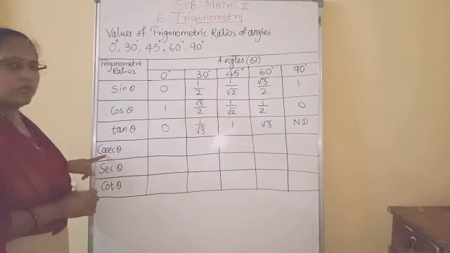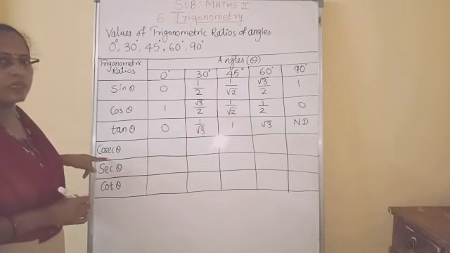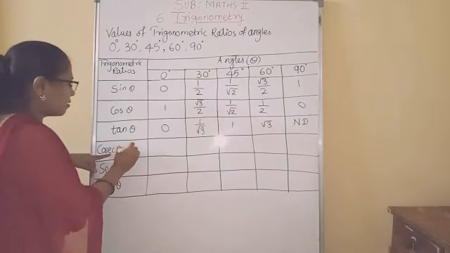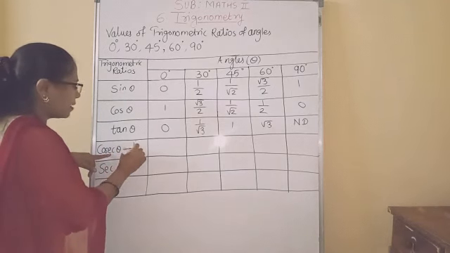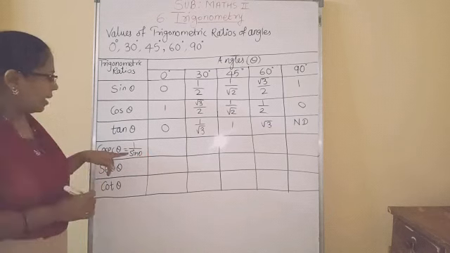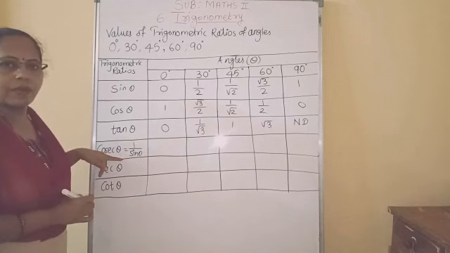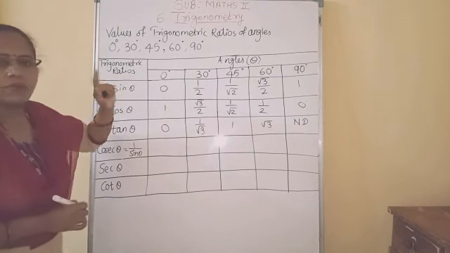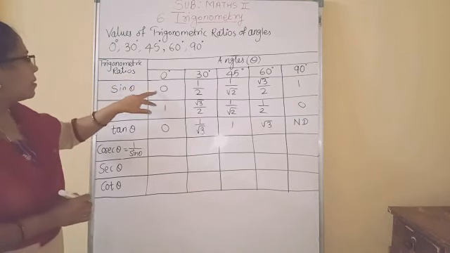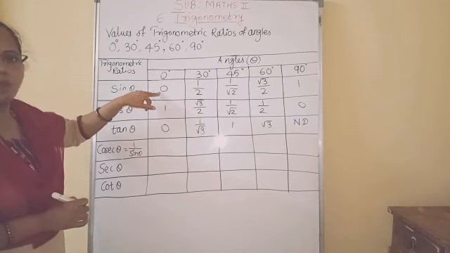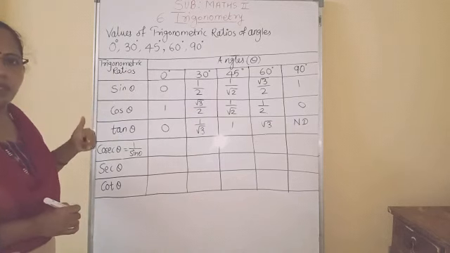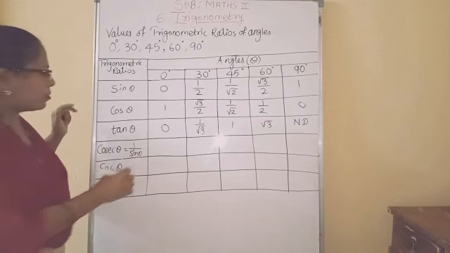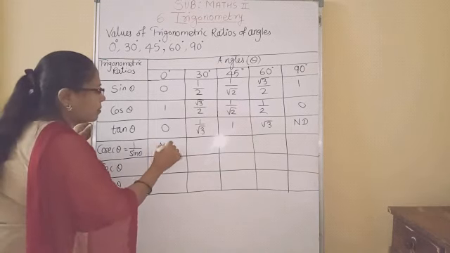Now next ratio is cosec theta. Just now we studied the relation between trigonometric ratios. Cosec theta is equal to 1 upon sin theta, means cosec theta is the reciprocal of sin theta. Now we know sin theta values, we just have to make their reciprocal. The reciprocal of 0 is 1 upon 0, 1 divided by 0, that means it is not defined.